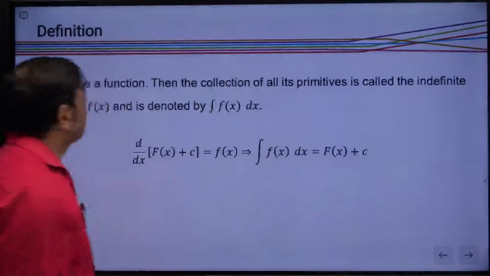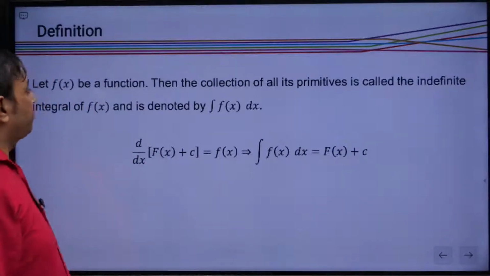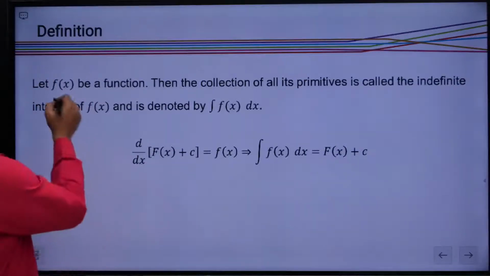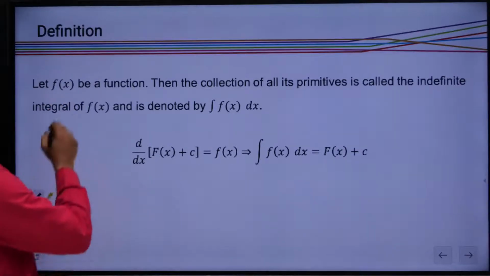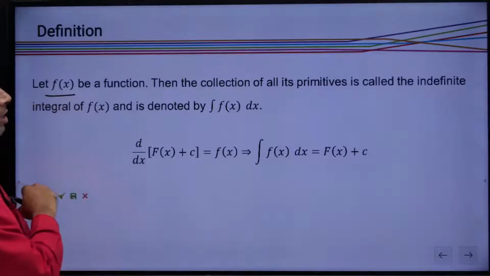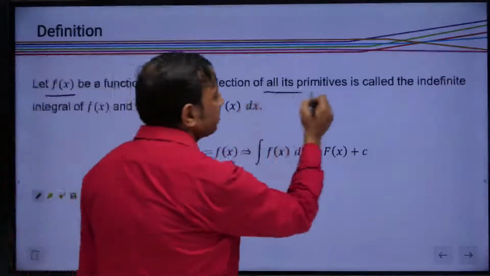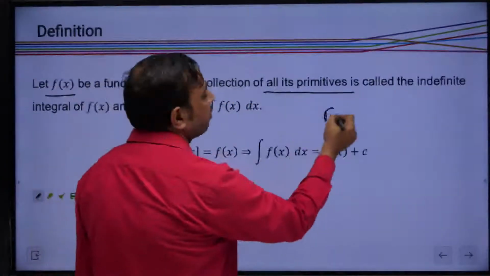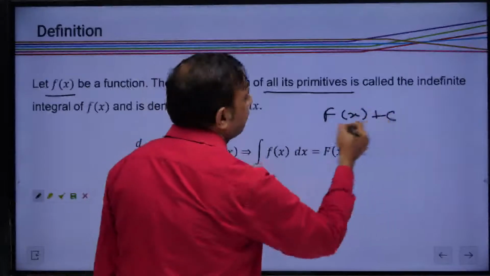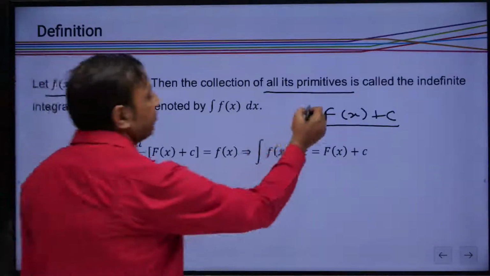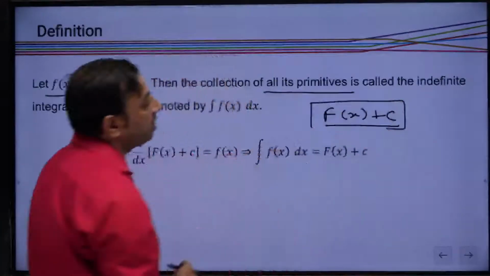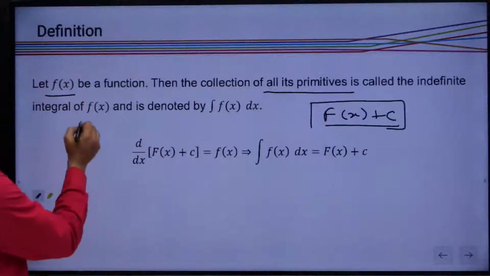If we talk about the definition of integration, say fx is my function, then the collection of all its primitives can be written in this form, Fx plus c. This collection of all its primitives is called the indefinite integral of fx.